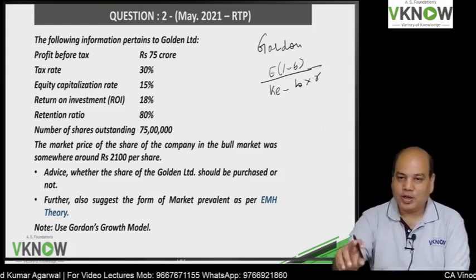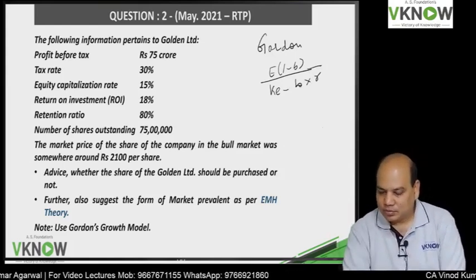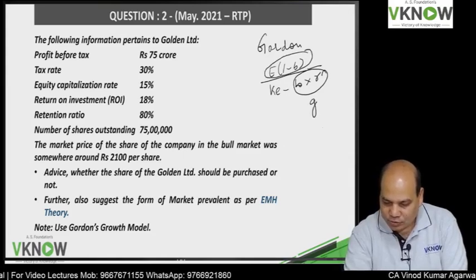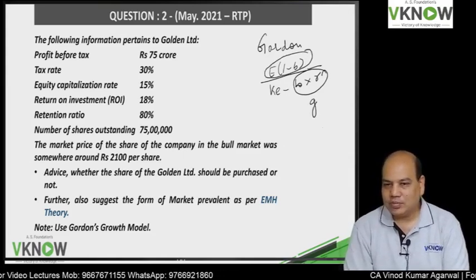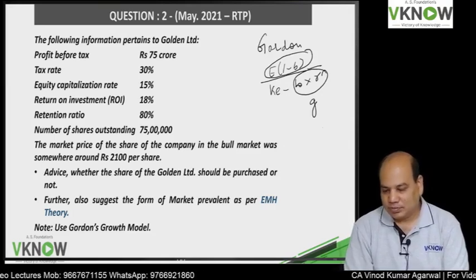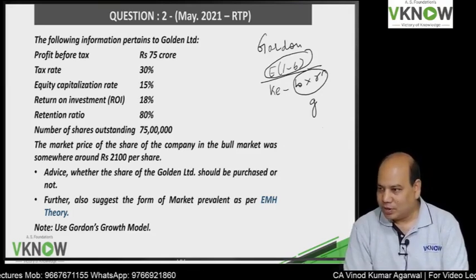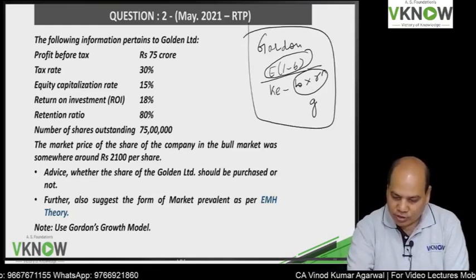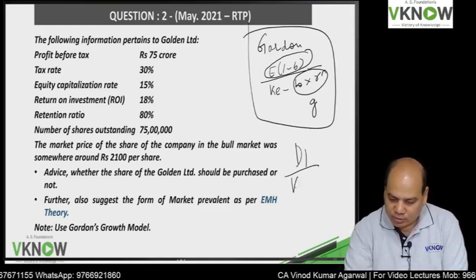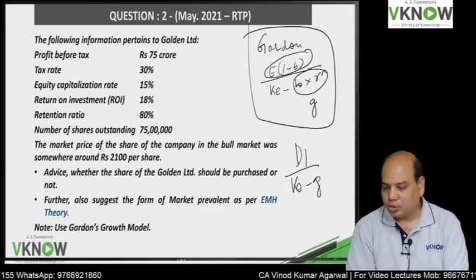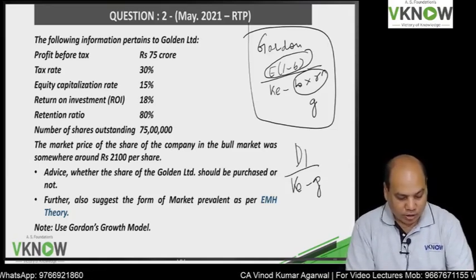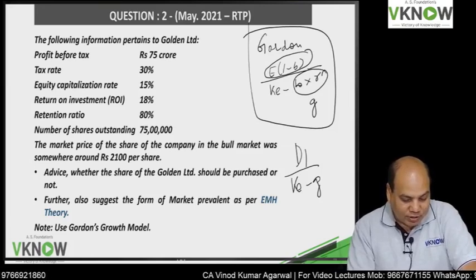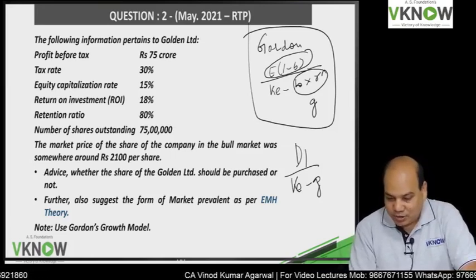It is the same formula D1 upon K minus G, because this portion is G and this is your dividend. Earning multiplied by dividend payout ratio is dividend per share. So even if you don't remember this formula, you can write D1 upon K minus G. Both are same. Okay. Now one student Geetika has already replied, share is underpriced, hence bought. Very good. Let me check.